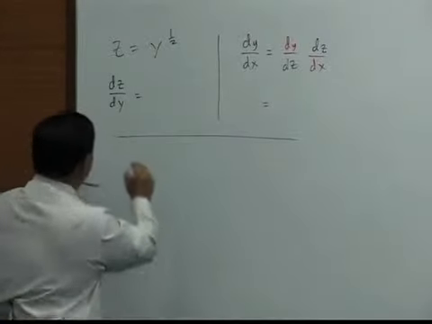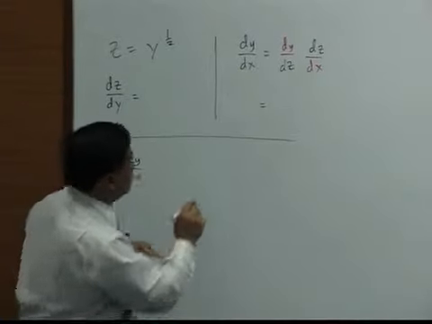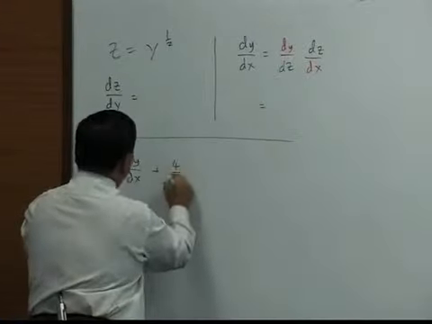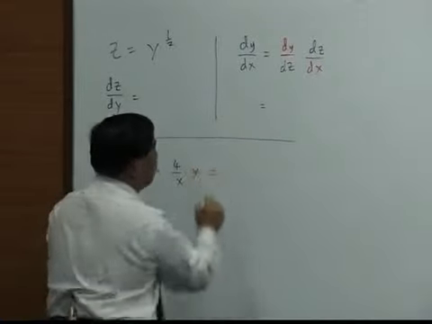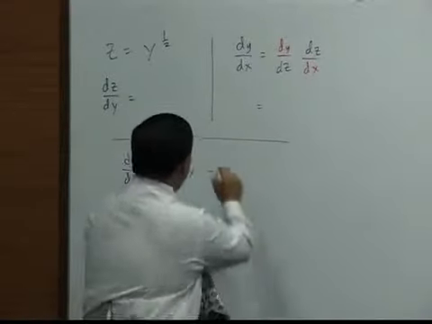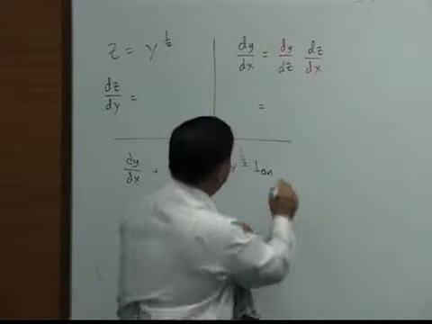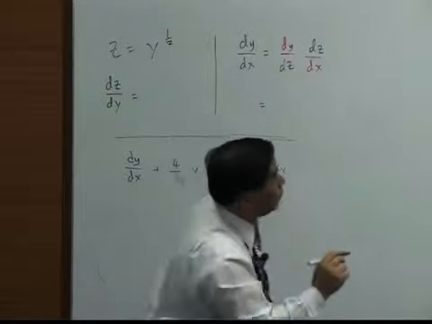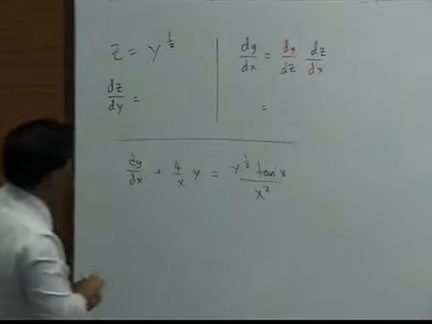Write out the original equation: dy over dx plus 4 over xy equals y power half tangent of x divided by x squared. Okay?